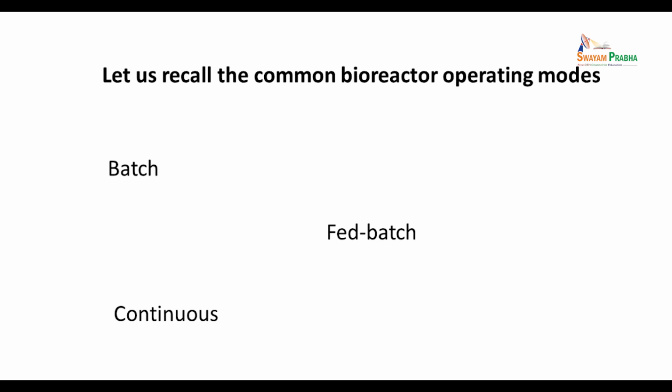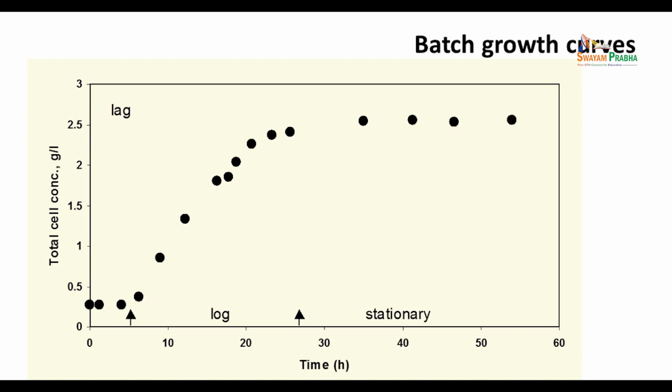In this lecture, let us focus on the batch bioreactor. We are first taking up the batch bioreactor because it is a very common mode of operation, especially in the industries. It's simple but powerful. It is easy to operate compared to the other modes, and that is one of the reasons why it is preferred in the industry.